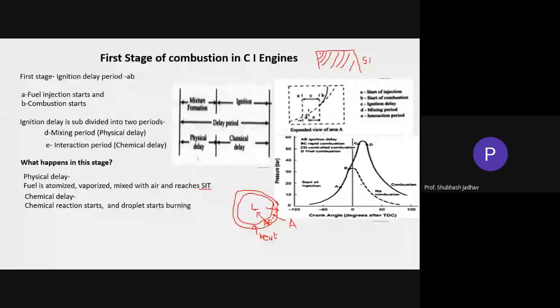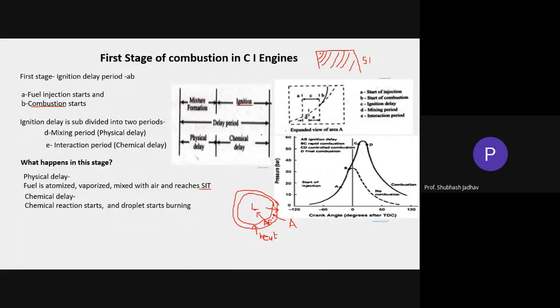Remember, here we use the word combustion, but here we are saying ignition. In the second stage we are talking of ignition, that is, start of burning is ignition and actual burning is combustion. So there are two stages: physical delay and chemical delay.